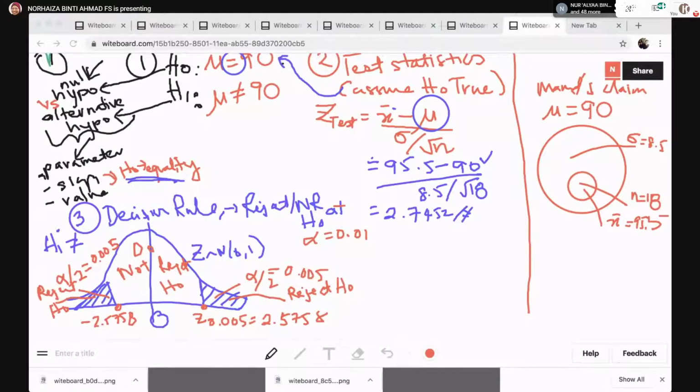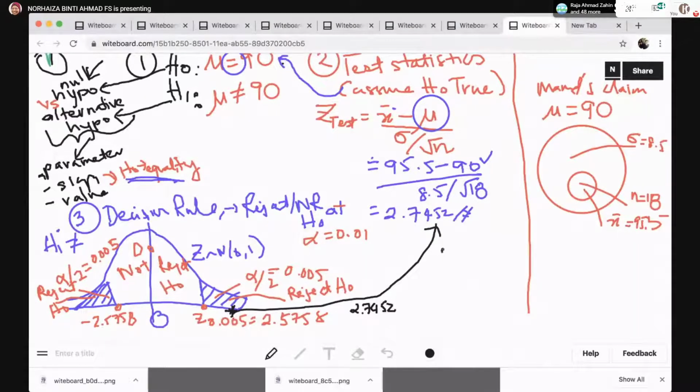Is it near the rejection region or non-rejection region? Rejection region. So this point here is 2.7452.